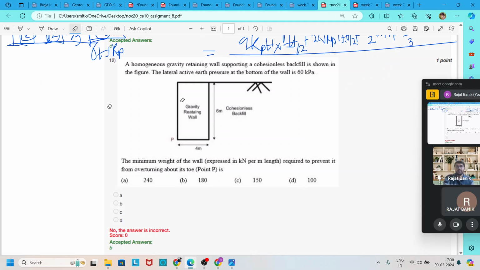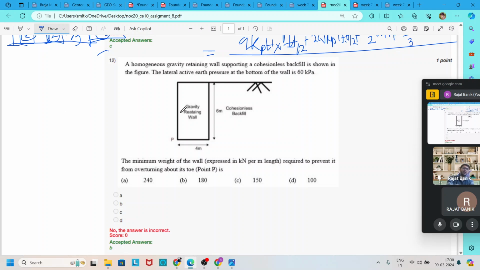In question number 12, it is said that a homogeneous gravity retaining wall supporting a cohesionless backfill is shown in the figure.